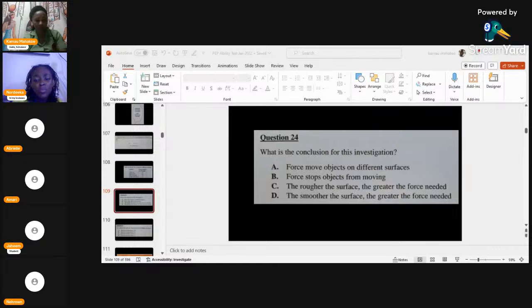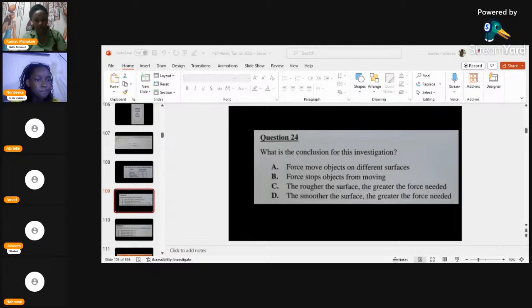So, we are to consider the situation, the experiment that was carried out, and determine what we have learned from this. What can we say are the facts based on what has been happening?